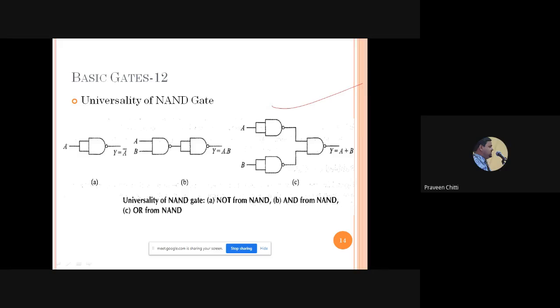This is the OR gate, this is the AND gate, and this is the NOT gate. So NOT, AND and OR are constructed using only NAND gates. Hence NAND is also called a universal gate.